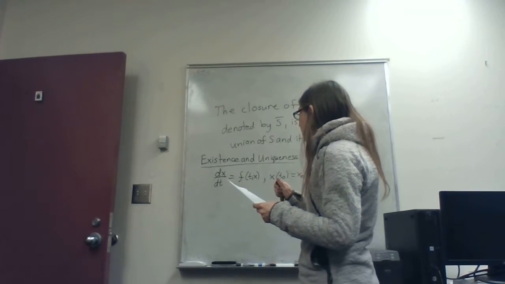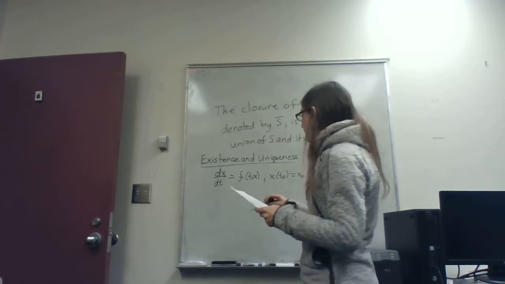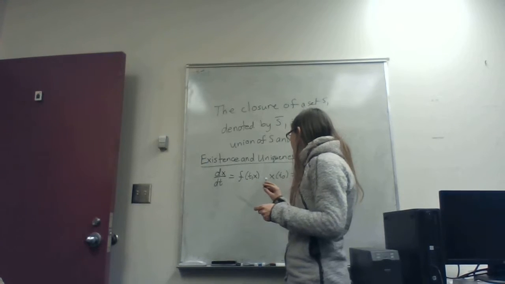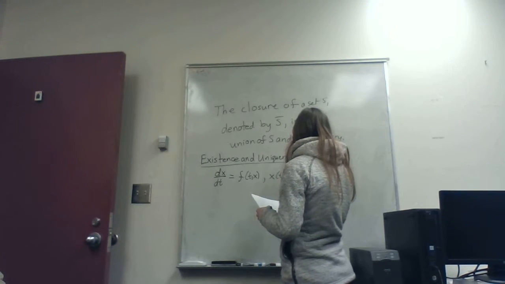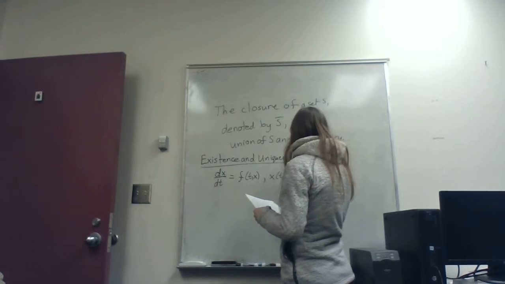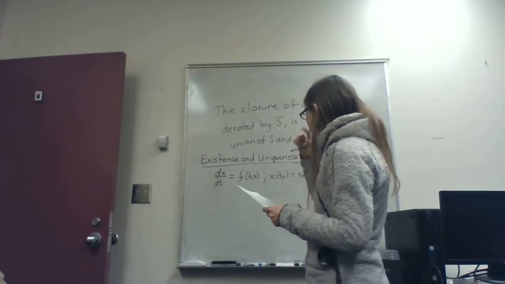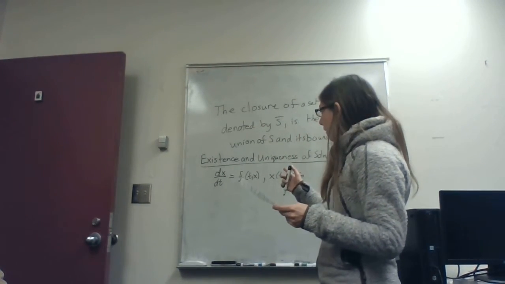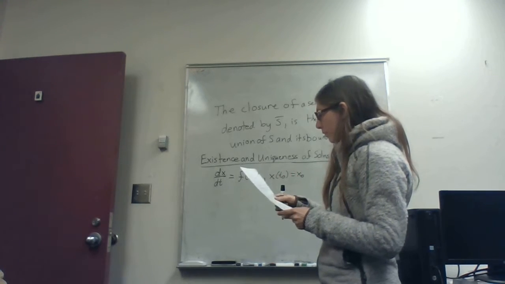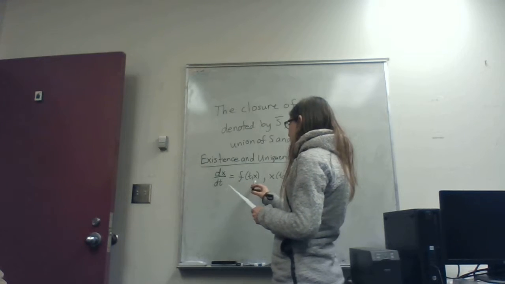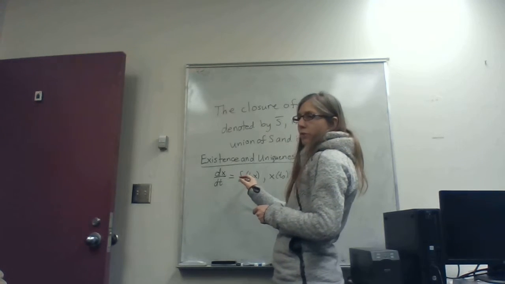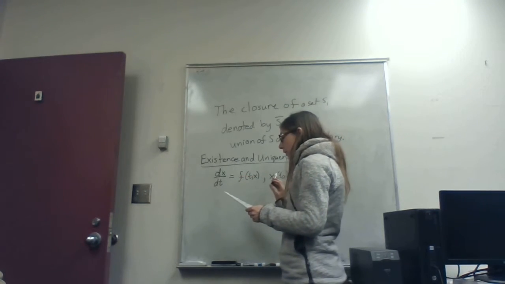It turns out the conditions are a lot more strict for nonlinear systems. So here is the existence and uniqueness of solutions. We have this function, and we have this system of nonlinear differential equations, and we have this initial condition.